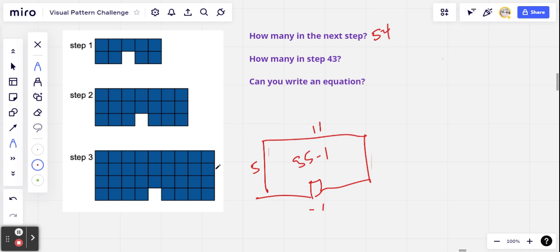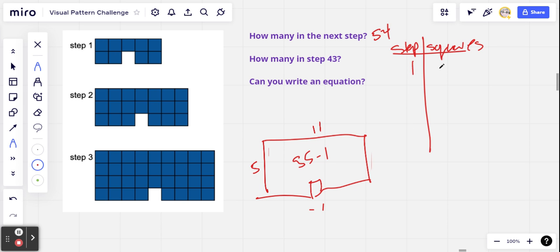Okay, now I think it makes sense to look at these numbers in the same way we've been doing here. This is a 2 by 5 rectangle -1. So actually, let me make a little chart here. We'll have the step number and the number of squares, but I'm going to write these out in the form of this sort of equation that I've been using to calculate here.